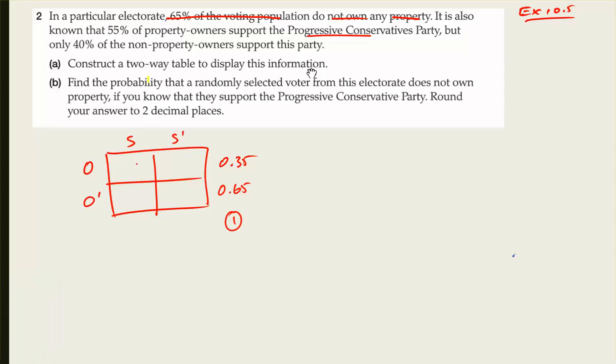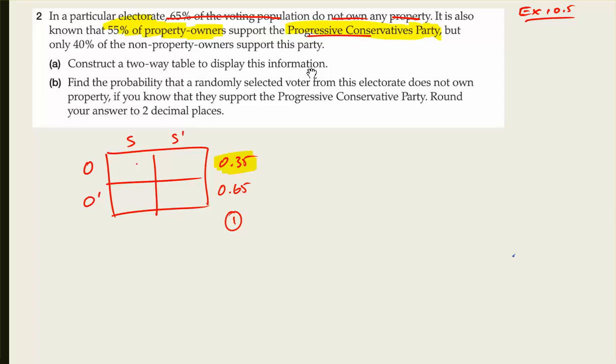The question also says that 55% of property owners support the Progressive Conservative Party. We know that 35% of the people own property, but also that 55% of these property owners support the party.